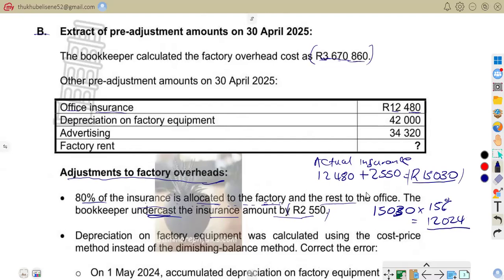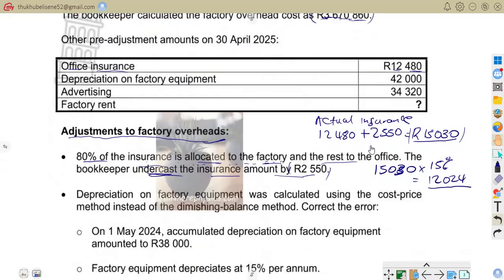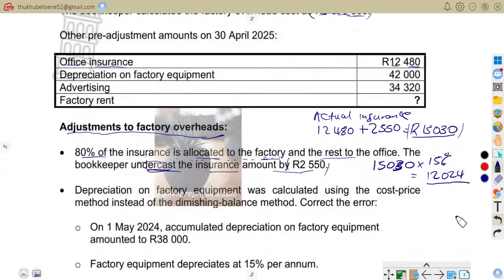The bookkeeper already included 12,480. So we have to take 80% of that, because 80% of this 12,480 is supposed to be subtracted, since it's office insurance, not factory.